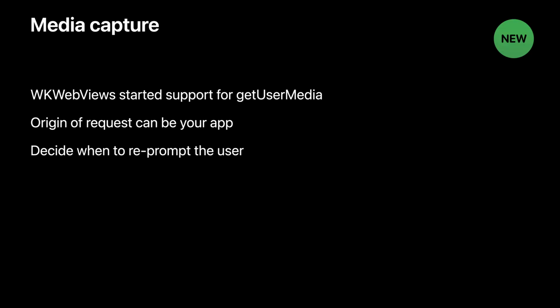We also have a new API to allow you to decide when and how to prompt the user for camera and microphone permissions when working with web content. Once you have obtained user permissions for the camera and microphone via normal entitlements and prompts, you can decide if the permission prompts should be shown. You can use this to implement your own prompt or remember the user's previous response from web content you control and trust.